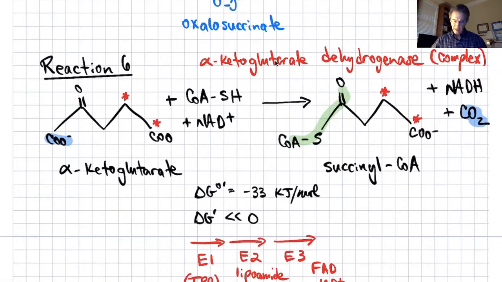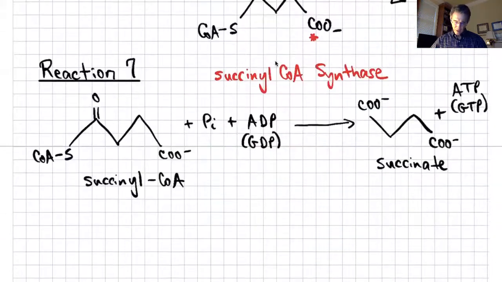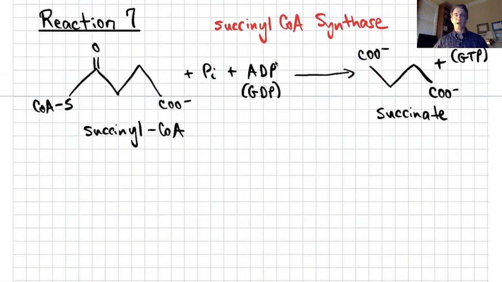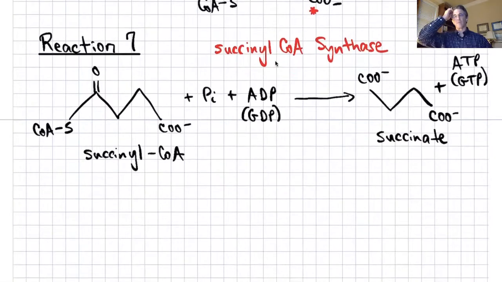Okay, so now we've got that guy. Now, what we're going to do is exploit the formation of that thioester in succinyl-CoA to run a phosphorolysis reaction to make an acyl phosphate group, just like we did with the GAPDH reaction. And then in this reaction, essentially 2 steps in the same reaction instead of a subsequent reaction, we're going to use that to make some ATP.